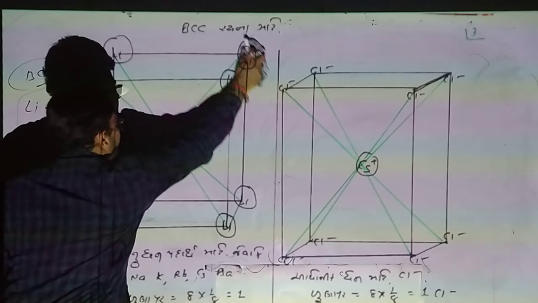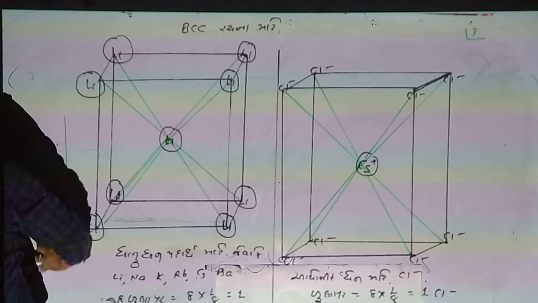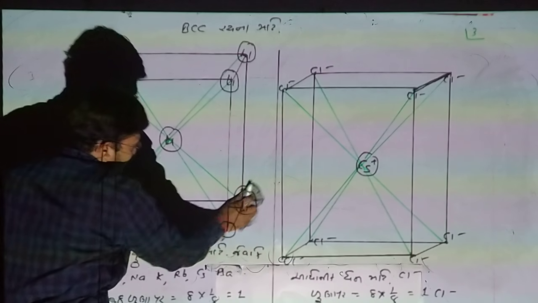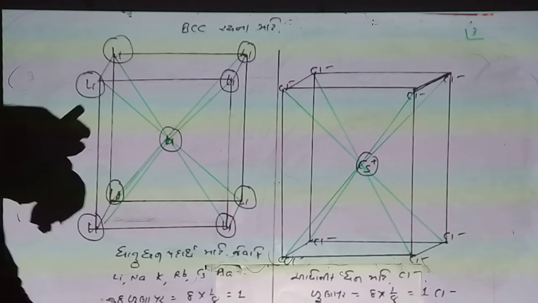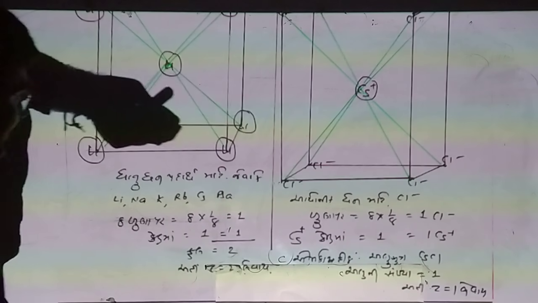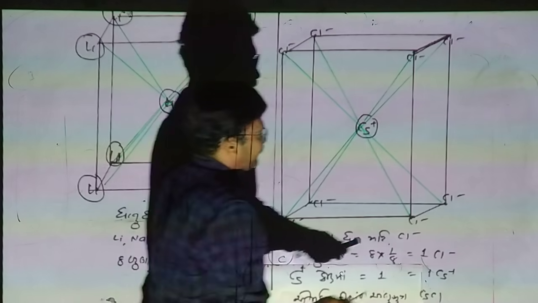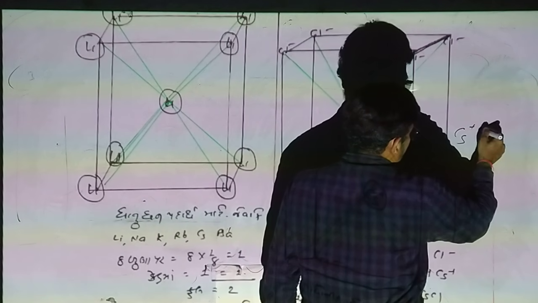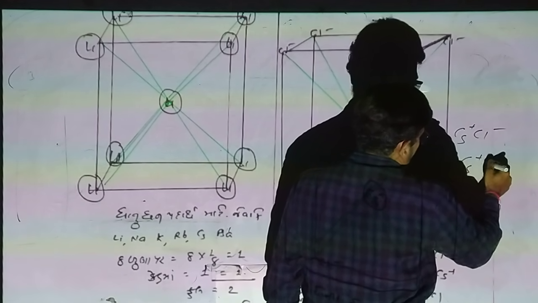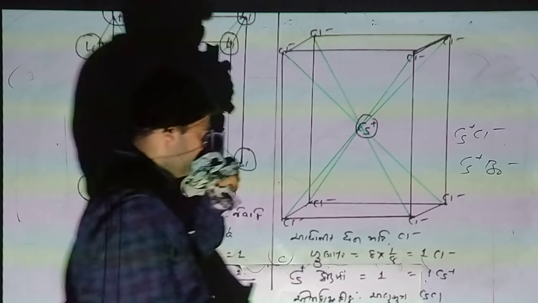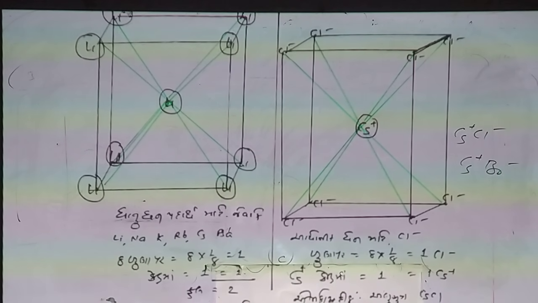But if our structure is BCC and the compound is not metallic, it is ionic, then what happens? In the case of sodium chloride, cesium bromide also. In the unit cell, find out the number of molecules.